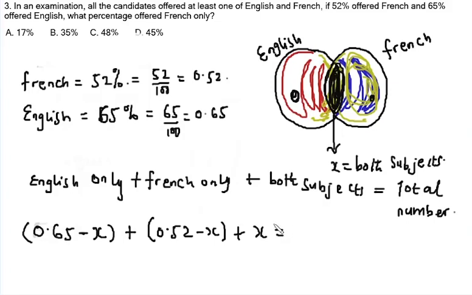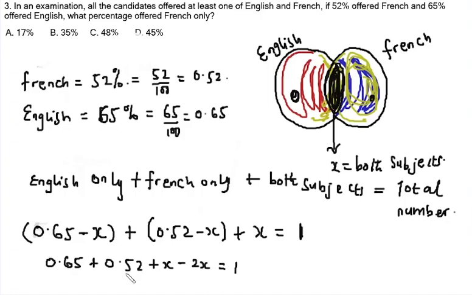The total number of people is the whole thing, and as a fraction the whole thing is 1, that's like 100%. So this is 1. Collecting like terms on the left hand side, 0.65 plus 0.52 plus X minus X minus X is minus 2X, and this is equal to 1.